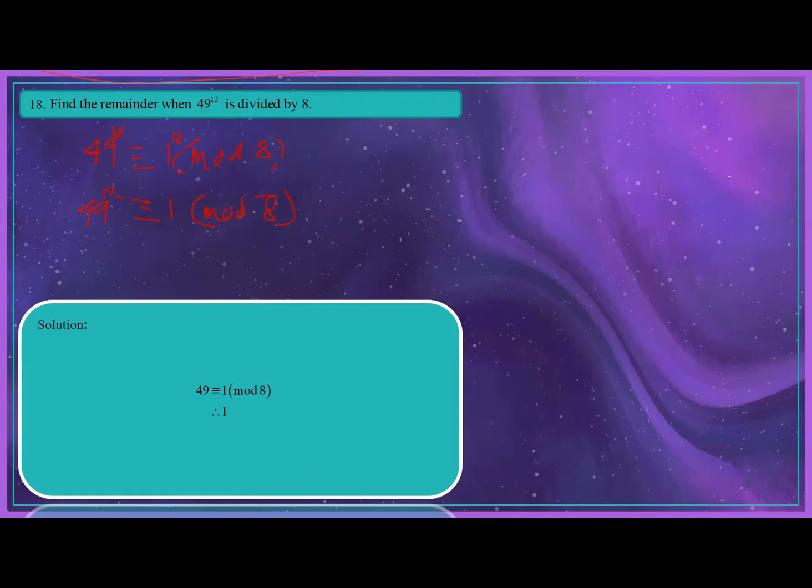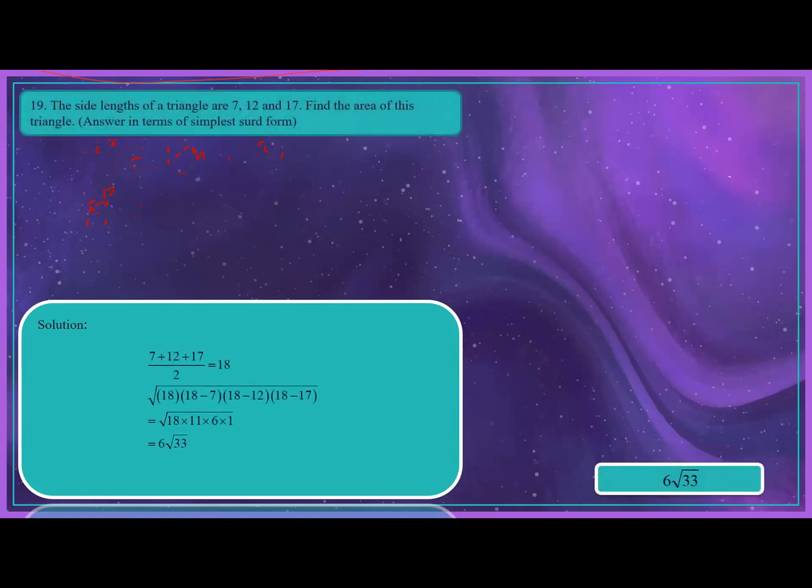Okay. So next, the side lengths of a triangle are 7, 12, and 17. Find the area of this triangle. So you're given the three sides.